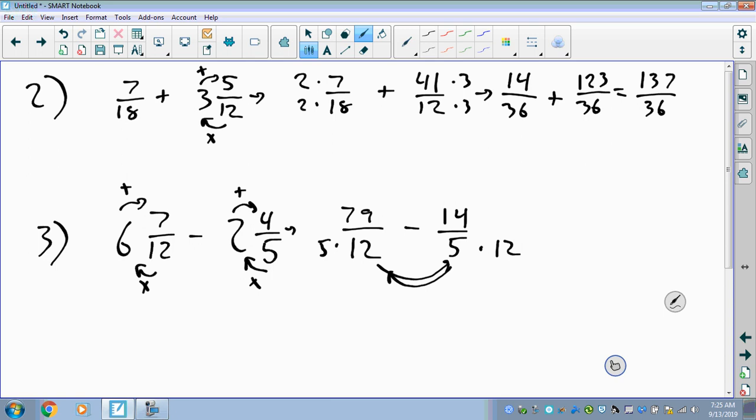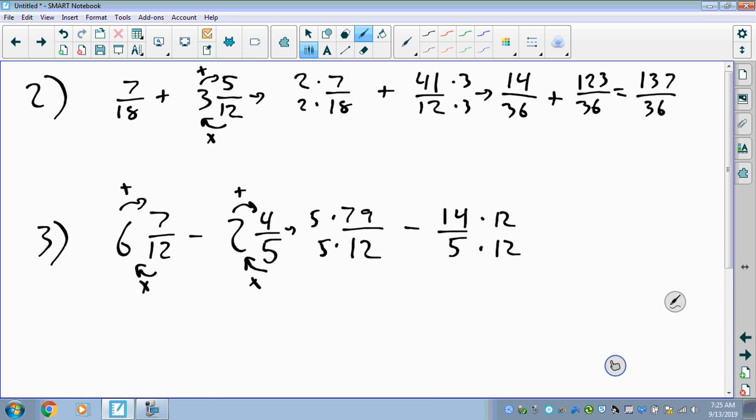So whatever 5 times 12 is, that's a number that 5 and 12 go into. You saw in our last example that 36 was a smaller number, but if I was stuck, I could multiply 18 times 12. You're going to end up with some bigger numbers and have to reduce at the end, but it will work. So you'll get a common denominator, just not a least common denominator, okay?